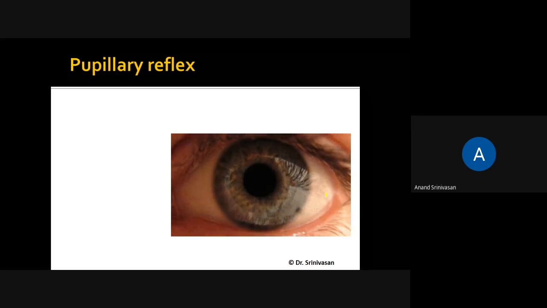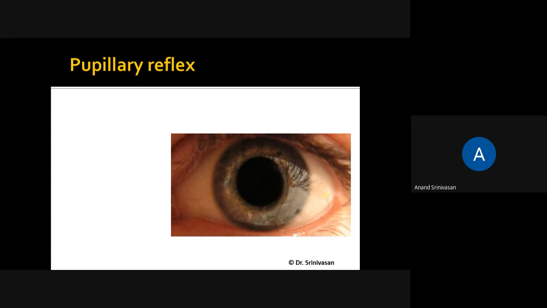Darken the room a little bit and shine a light into their eyes. In the dark room, if you see the eye, this one is the iris and this one is the pupil.